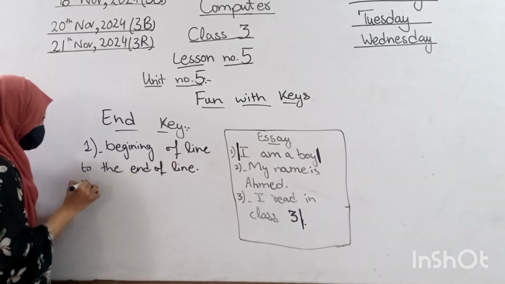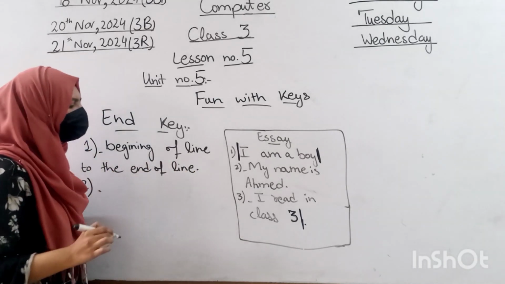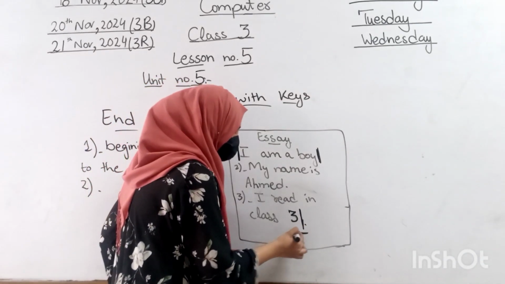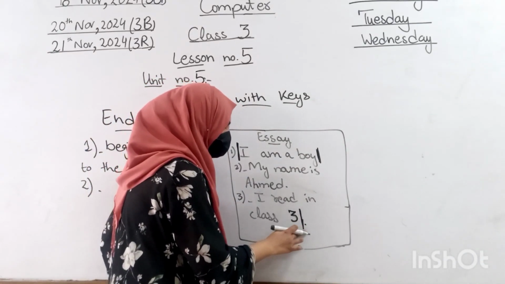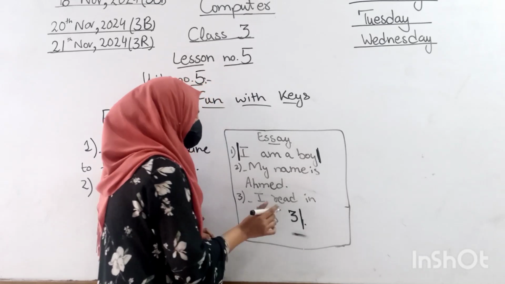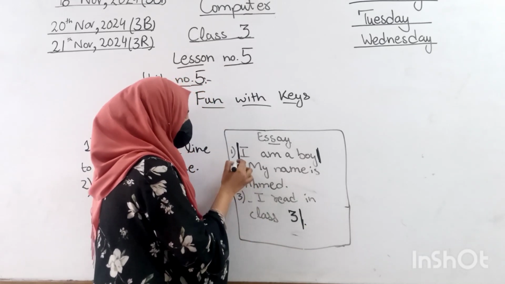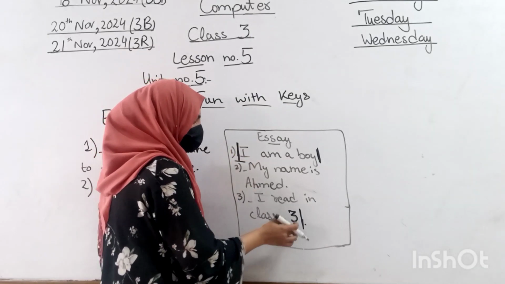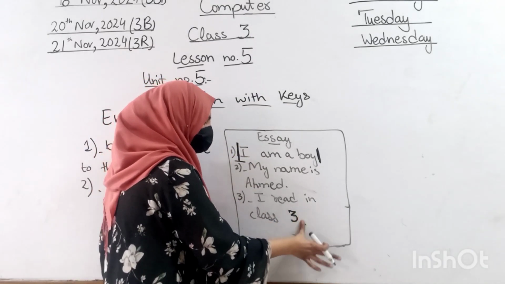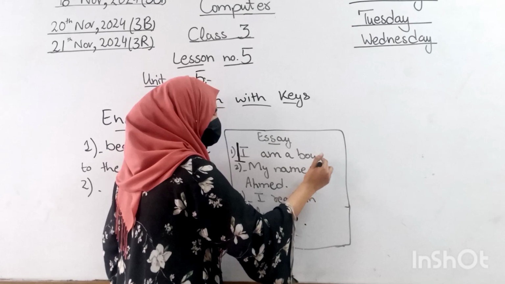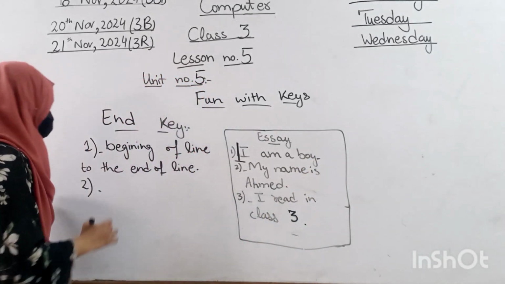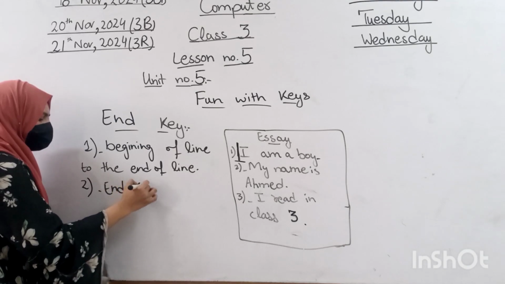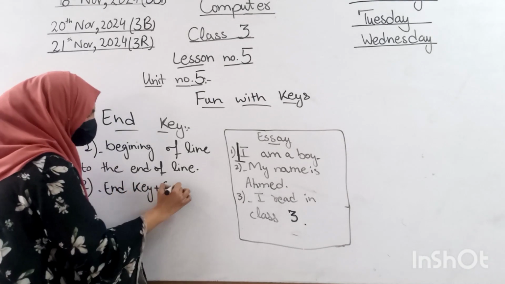Now we have the second purpose of the end key, that it is used to move the cursor from the start of the document to the end of the document. Your cursor is here and you want to move it here. Okay, so what will you do? You will press the end key plus the control key.